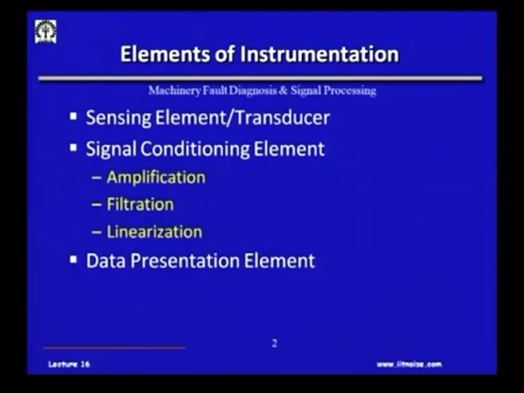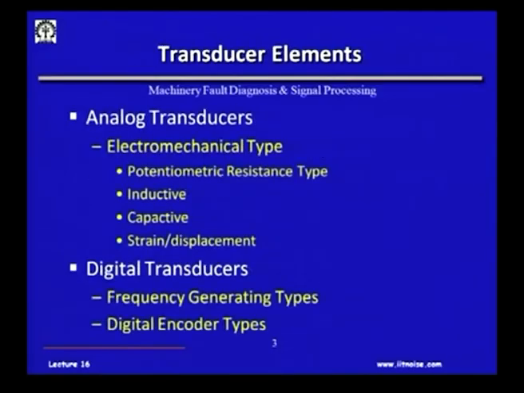Now, let us see what are the different transducer elements available to us to do measurements. If you look at the two broad classifications, one is the analog transducers and the other is the digital transducers.